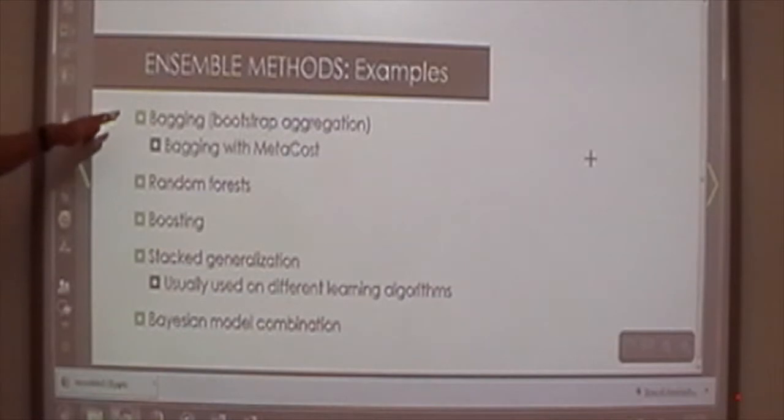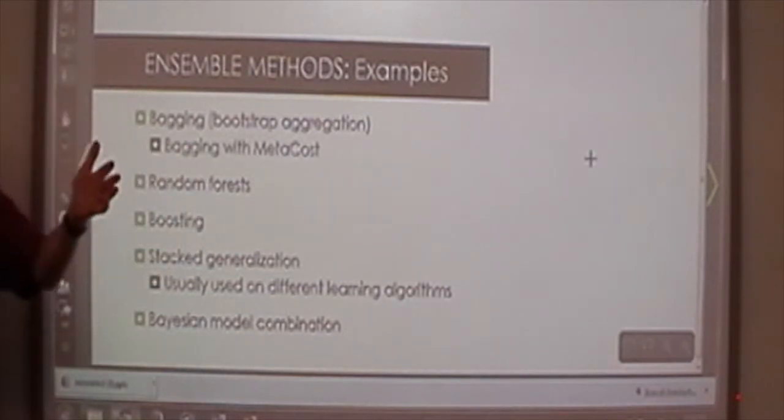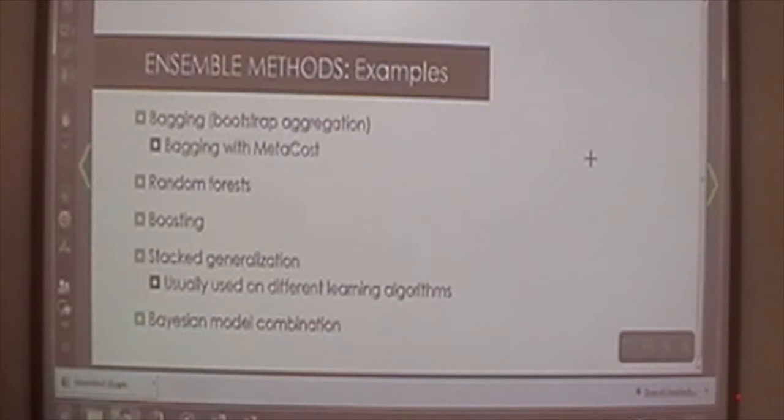A relative of bagging, it's kind of like bagging on decision trees, or tree learning in general, is called random forests. So some phrases you should be familiar with. A whole other class of algorithms is called boosting, of which the most prominent is called AdaBoost, ADA, short for adaptive boosting.